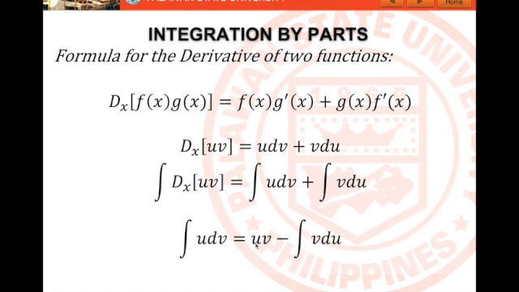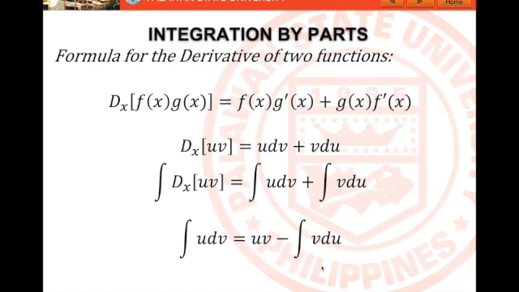You just need to multiply u and v, but of course you need to first identify what is u and what is v, so there is some integration involved in that. When you write down your answer, the first part will just be the product of those two, and then the second part is minus the integral of v du.